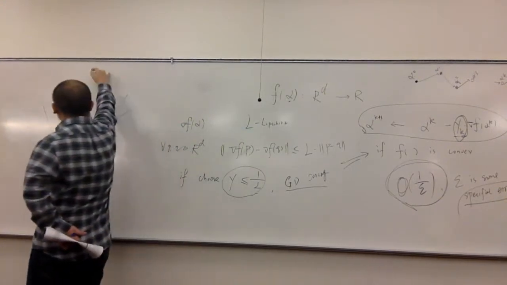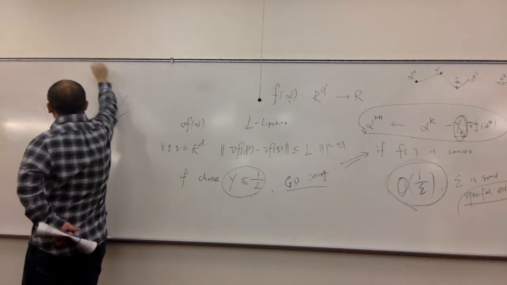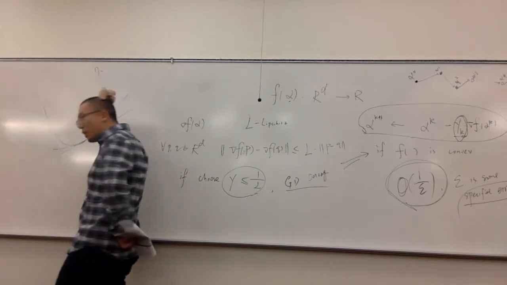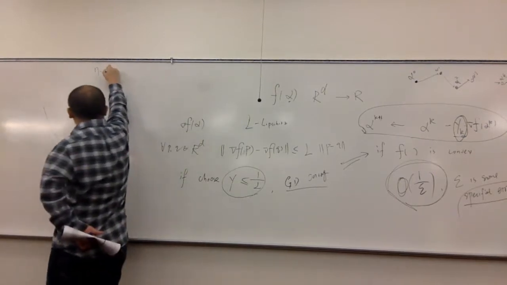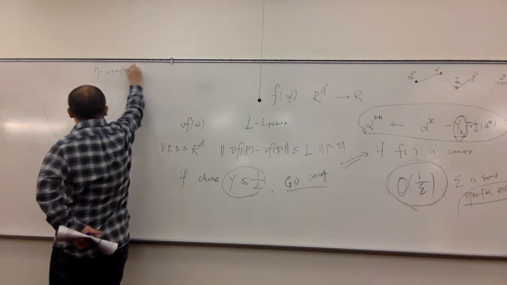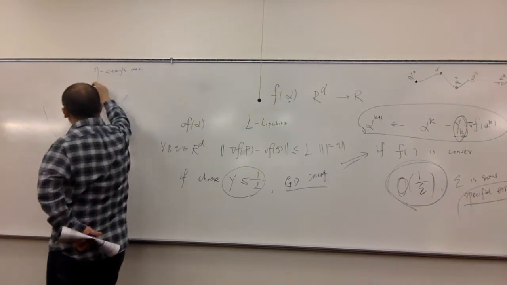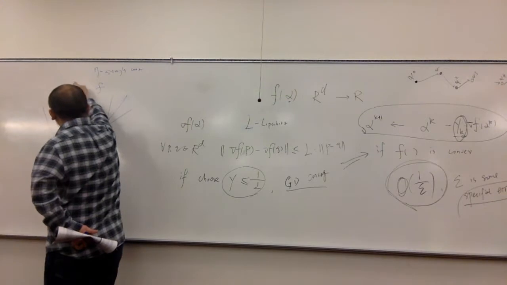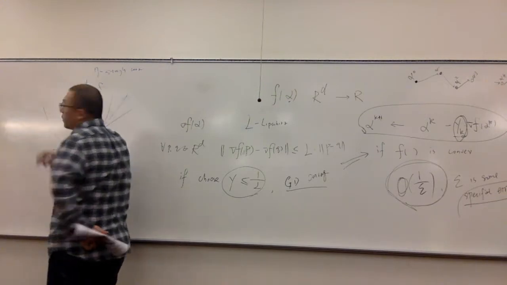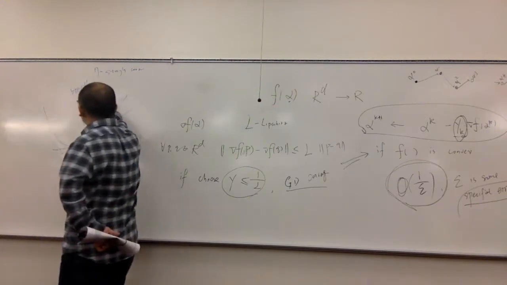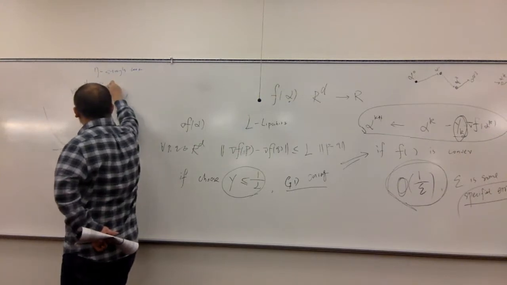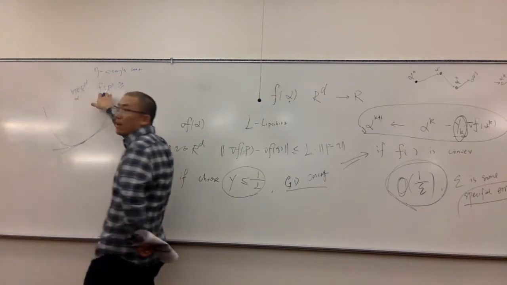So basically, if we say a convex function is eta strongly convex, it means that for any input p and alpha, we have this function value.